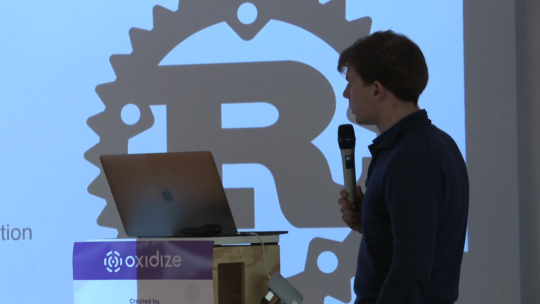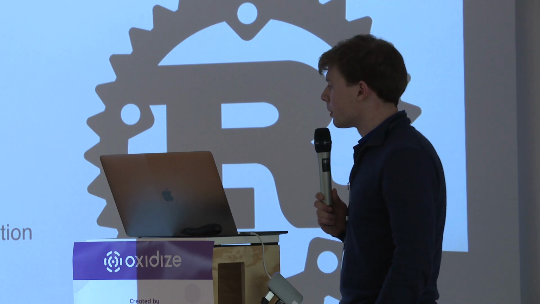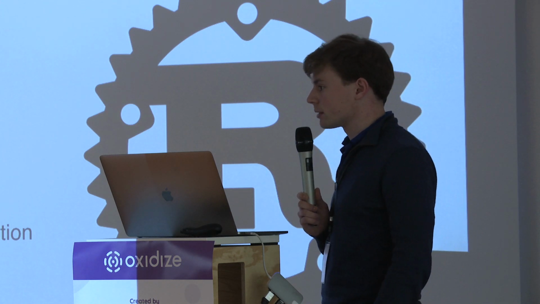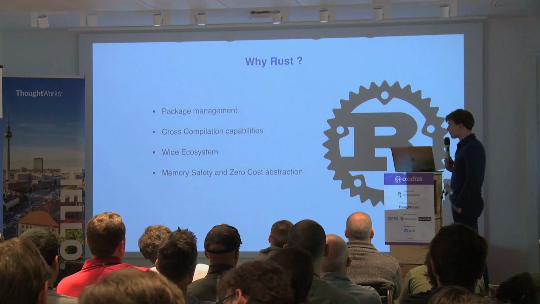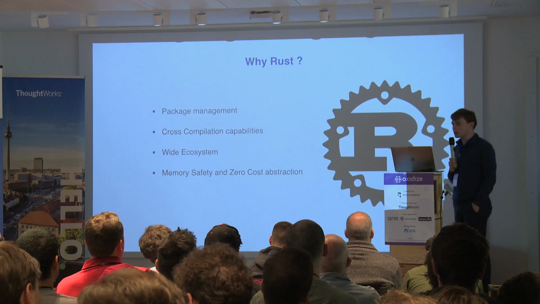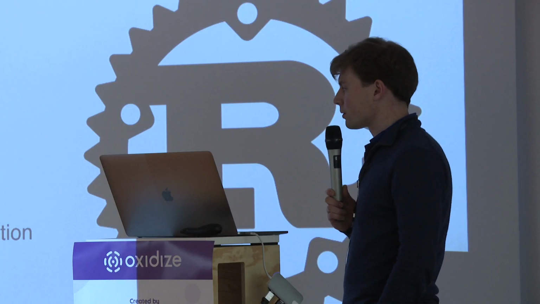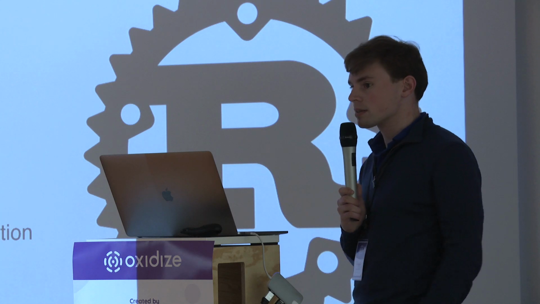Two important things in Rust are memory safety and the ownership system, but also zero-cost abstraction. What is great with zero-cost abstraction is that we can still keep the performance we had in C while having something we can maintain in the code base.